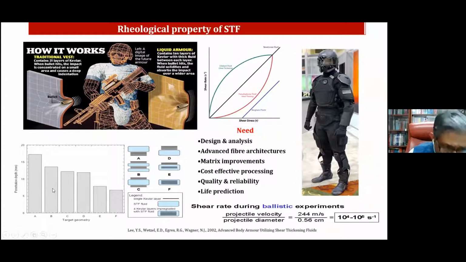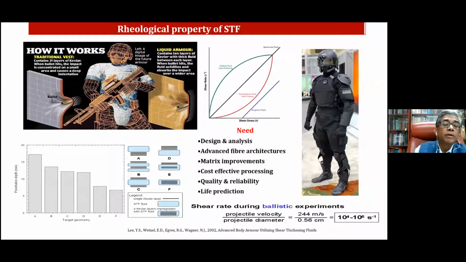If you see this diagram below, it is a little bit not very dark. This gives the penetration depth. The world norm is that it has to be below 25 millimeter. It should not penetrate more than 25 millimeter when the bullet is fired.